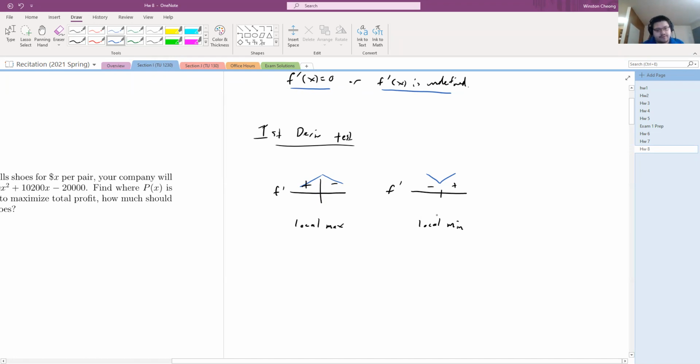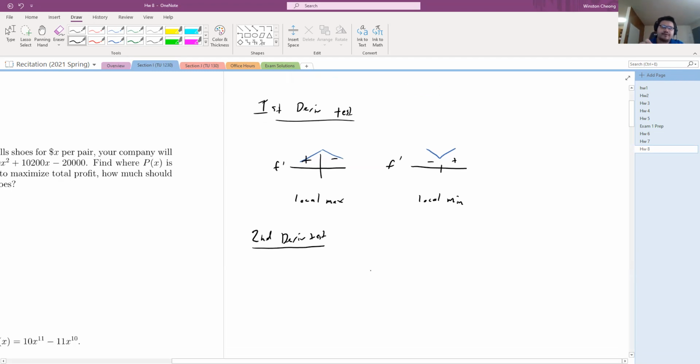Right. And so that's the first derivative test. Now let's do the second derivative test. The second derivative test is a little bit more nuanced in a sense. It doesn't have to do with these sketches.